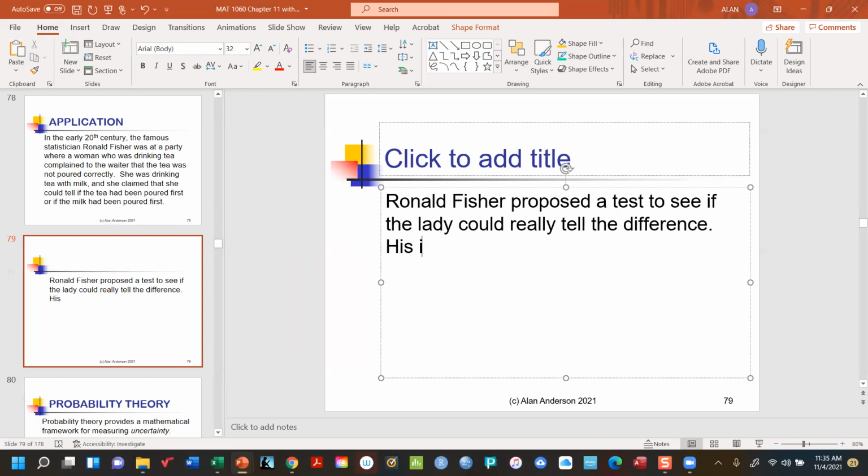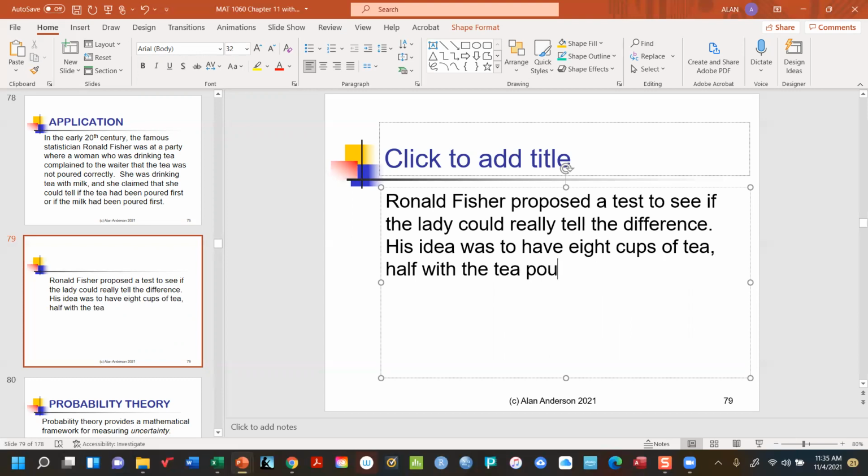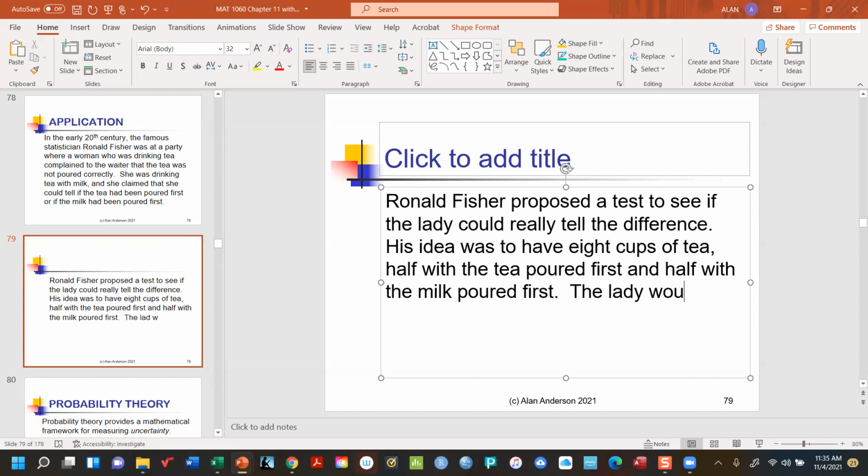His idea was to have 8 cups of tea, half with the tea poured first and half with the milk poured first. The lady would then taste each one without knowing what had been poured first.